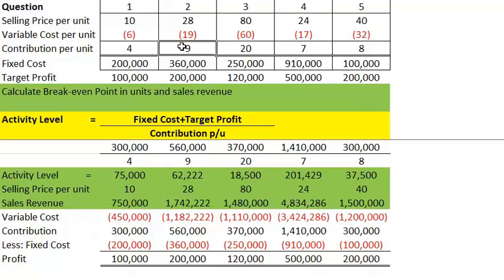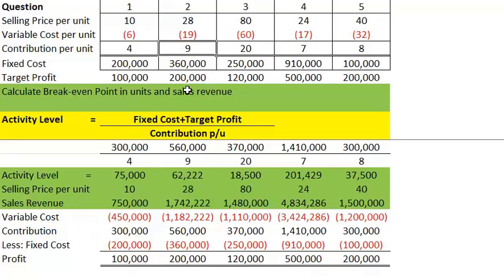The formula for the level of activity at which we not only recover cost but also make target profit is fixed cost plus target profit divided by contribution per unit.